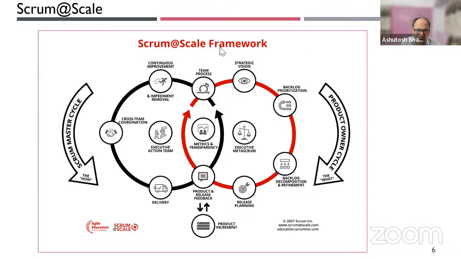On the right-hand side, you see the product owner cycle, the set of activities which the product owner is responsible for. These two circles intersect with each other, and at the intersection you see metrics and transparency: practices related to metrics, transparency, openness, product and release feedback, and team progress. Those come in the middle part of it. So this is the Scrum at Scale framework, which comes from Scrum Inc.